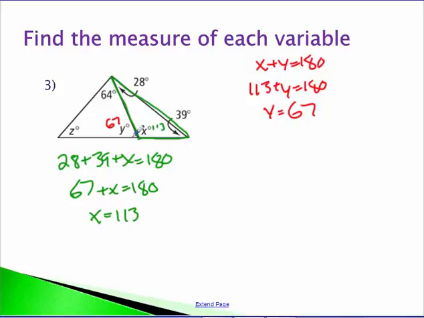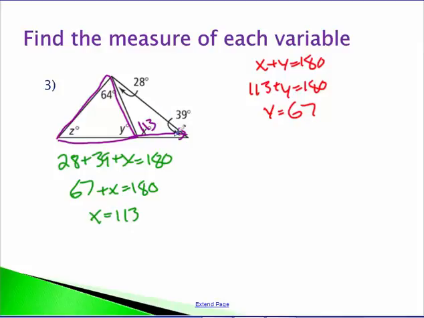Now that I know those two, I'm going to go ahead and find z. And what I'm going to do is use the exterior angle theorem that we just looked at earlier. So I'm going to erase this green writing. Let's just erase everything. I'm going to trace this in a different color. So we have this triangle right here. And I'm going to extend this line out this way.